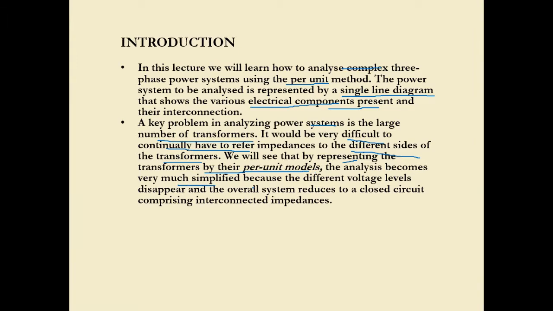It becomes much easier because of the different voltage levels, the voltage ratio, for example step up or step down. We are able to eliminate this voltage level difference. The overall system reduces to a closed circuit comprising interconnected impedances.